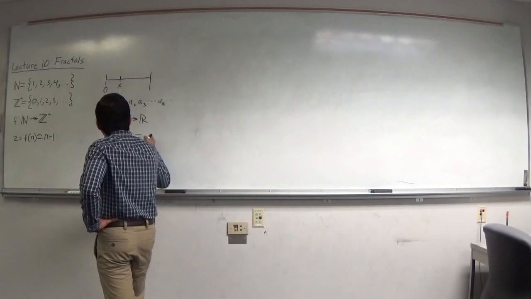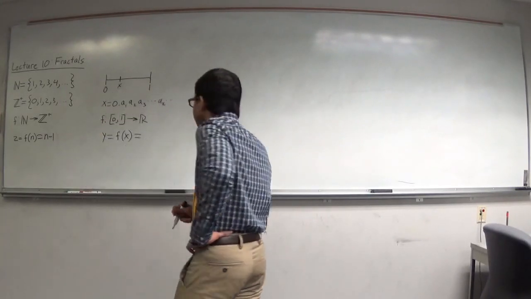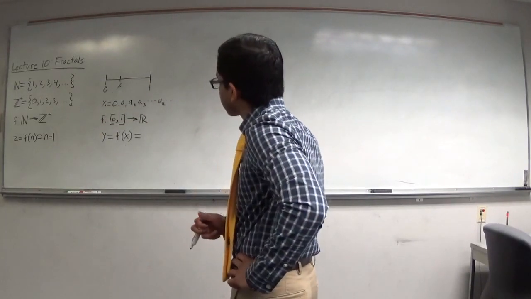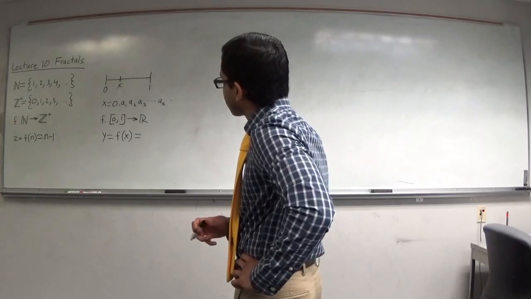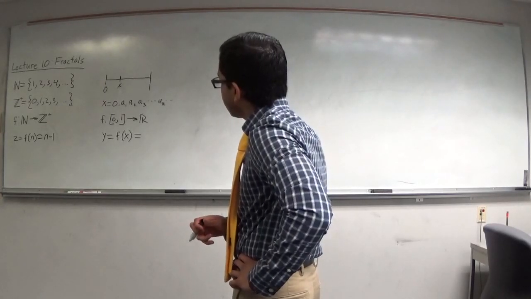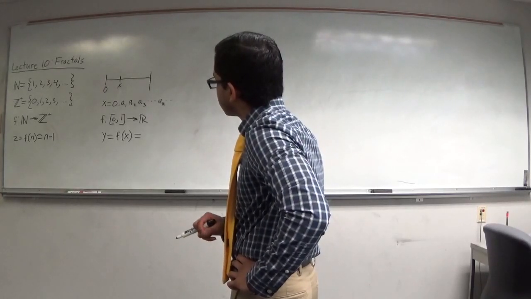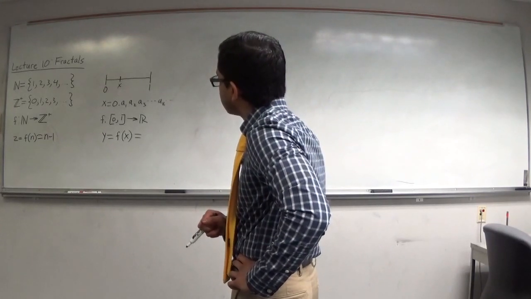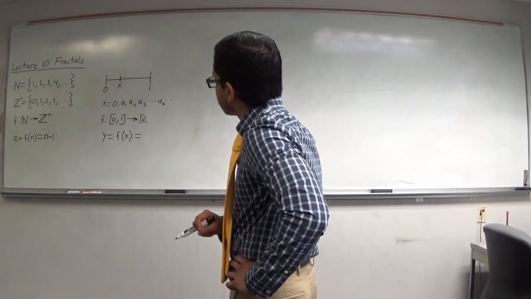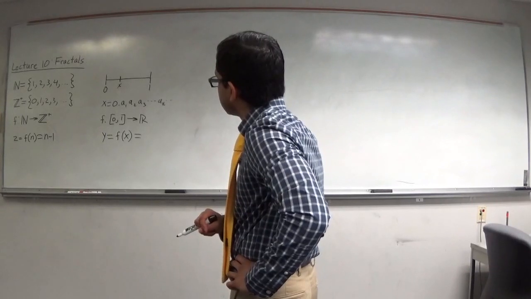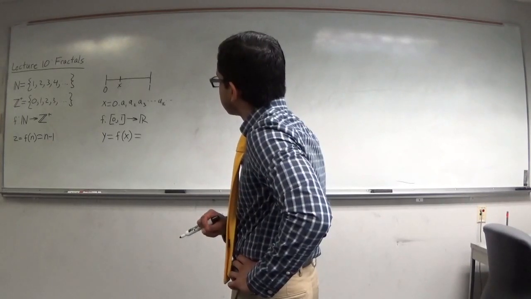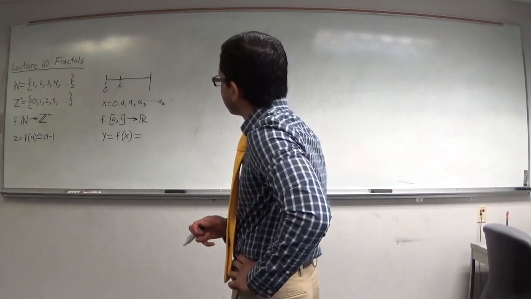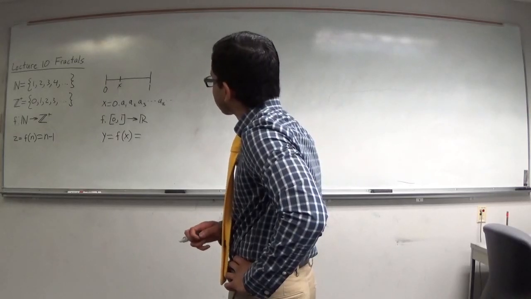No, that's not going to work. Let's see. We can have 1 minus 1 over x, then that's going to be 0 there, but then that goes to minus infinity. Yeah, this is a bit trickier than I initially thought it would be.